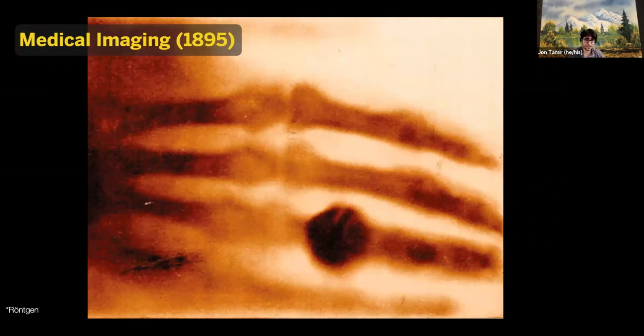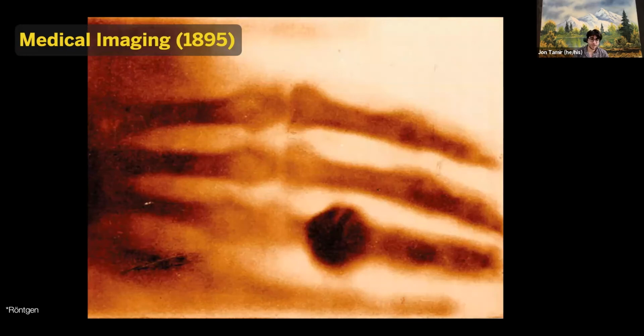This is medical imaging at that time, and this is an image taken by Röntgen, the very first X-ray of a living human subject. And this was Röntgen's wife. You can see the wedding ring on her hand. Very unfortunate, though, that at the time, there was little understanding of the effects of ionizing radiation. So these experiments were done on human subjects before really the safety standards kicked in.